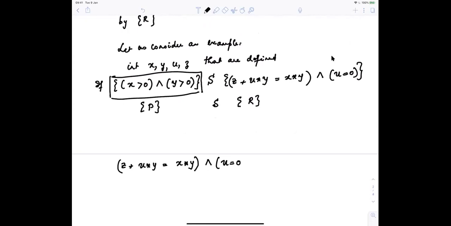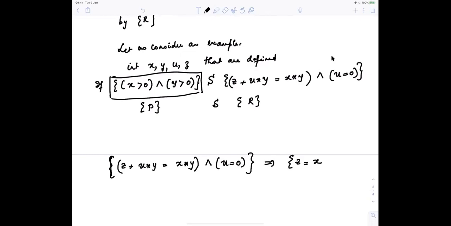Clearly, what does this imply? If I take this as a precondition, this clearly implies that z is equal to x star y, because u is 0, and this is a simple arithmetic expression. So this is R over here, this is Q over here.